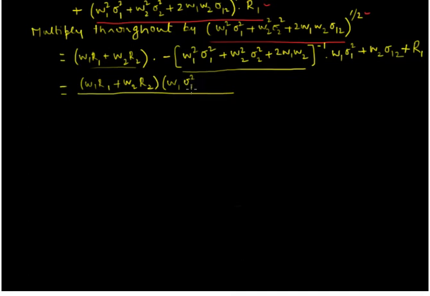W1 times variance of 1 plus W2 times covariance between 1 and 2. We also have this minus here, so we'll write a minus sign here. And on the denominator, we are taking down this term. And since it's raised to the power of 1, we just leave it like that. And after that, we have this plus R1.